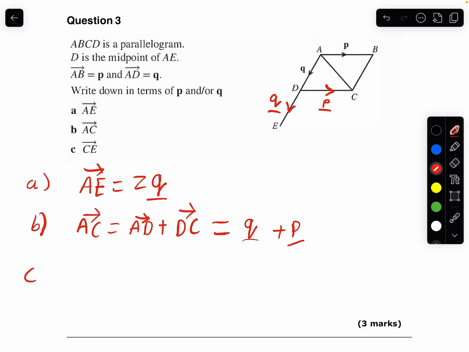Finally, CE. It's going to be CD plus DE. Since CD is going against the arrow, it's going to be minus p plus q.